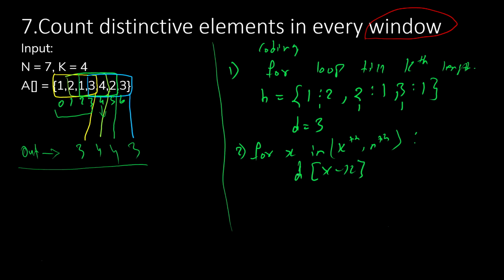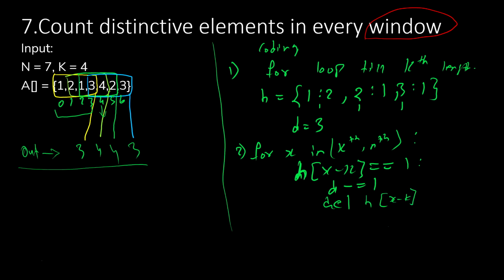H is the hash map. We see if this index value is present inside the hash map and equal to 1. If it is equal to 1, we do d minus equal to 1. We reduce d by 1, and if only one element is there, we delete that particular hash map value also.